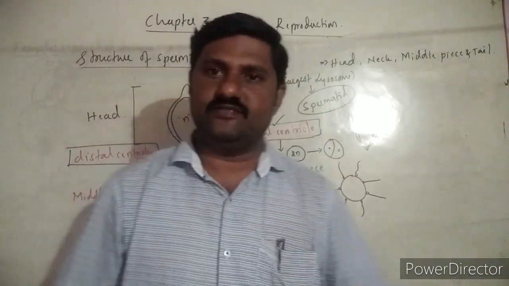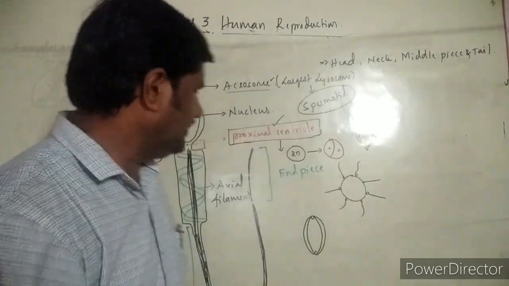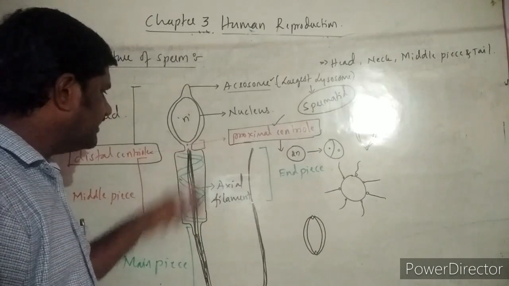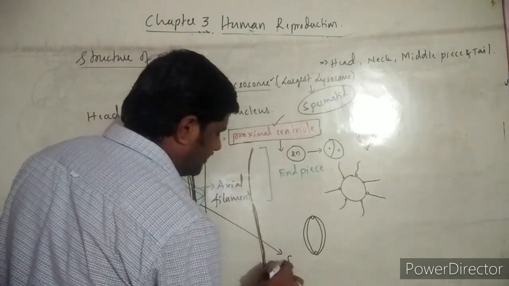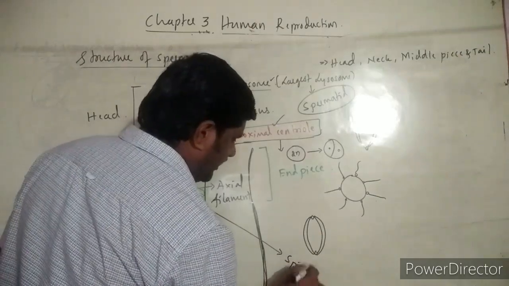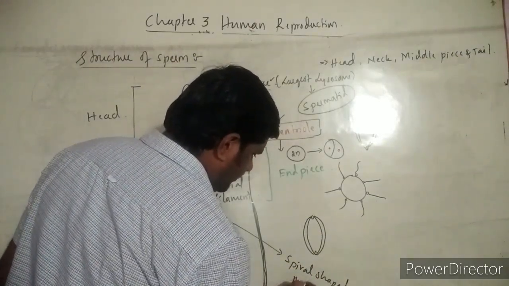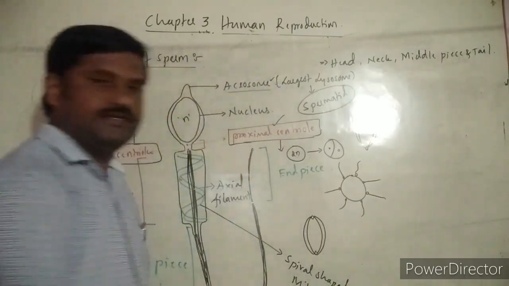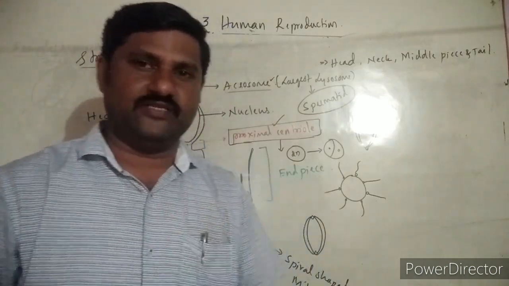So the neck portion is over, now the middle piece. This middle piece is present after the neck, means it is followed by the neck, and it mainly consists of spiral shaped mitochondria, not circular, please.